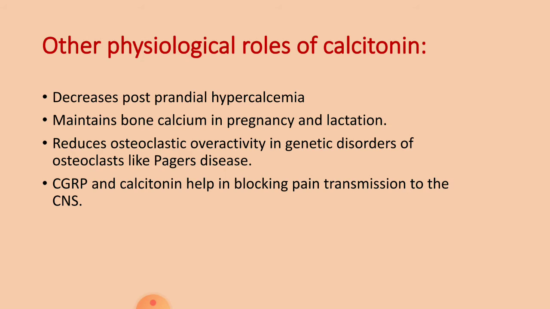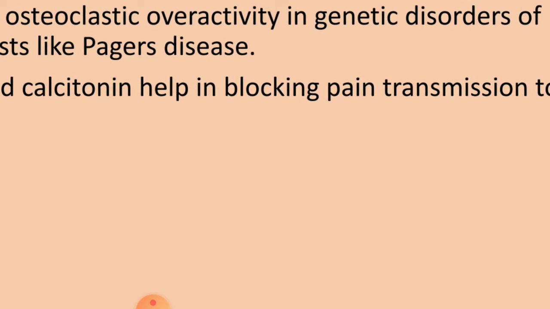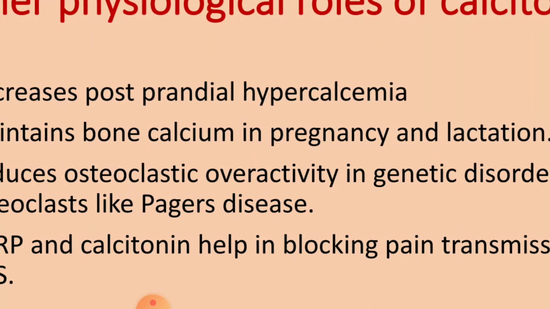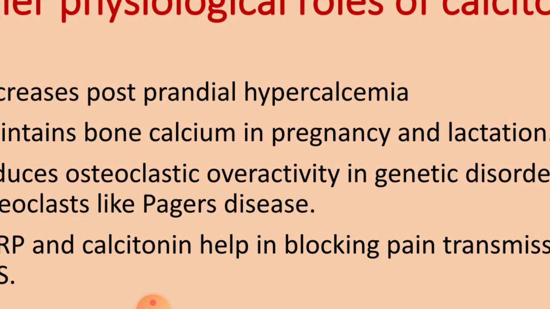Calcitonin also helps to maintain blood calcium in pregnancy as well as in lactation. Why these two special situations? During and after pregnancy, the calcium demand of the body actually gets increased, and there occurs a tendency for mobilization of calcium from the bone to maintain the blood calcium level, and that is prevented by calcitonin.